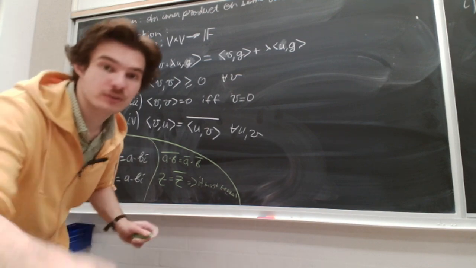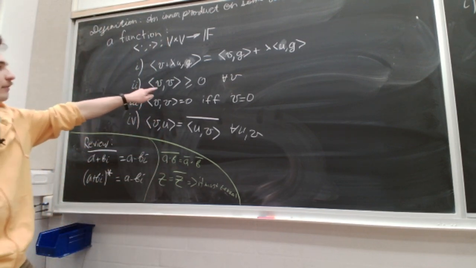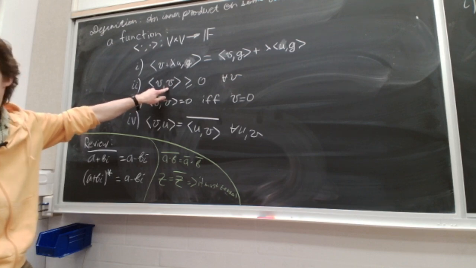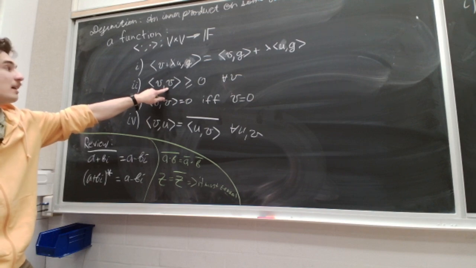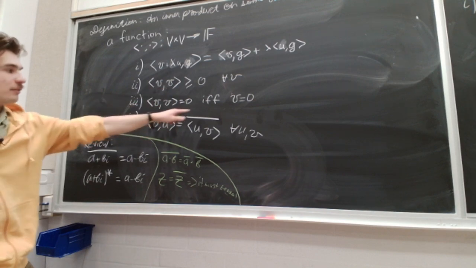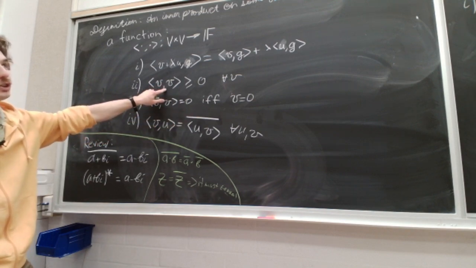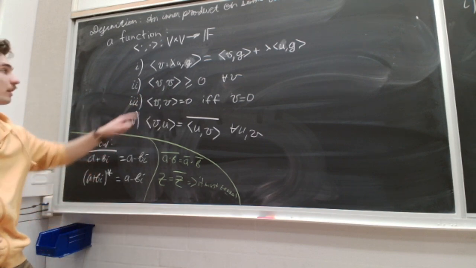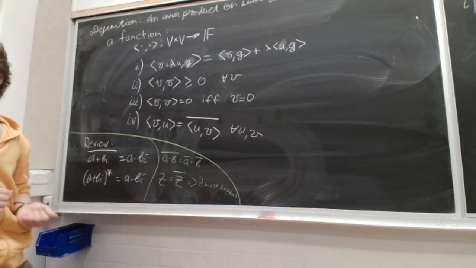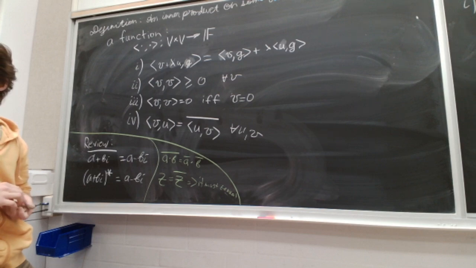Now if you look at the fourth postulate, I have v comma v. Swapping them does nothing, so that should be equal to v comma v. But swapping them should also give me a bar. So you get v comma v equal to v comma v bar. That means that v inner product v has to be a real number. Do people see that?